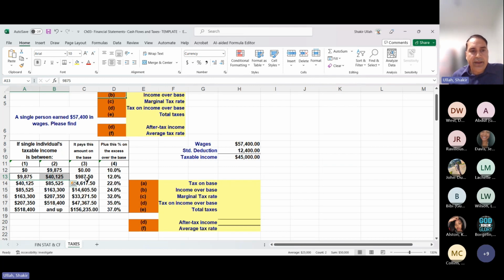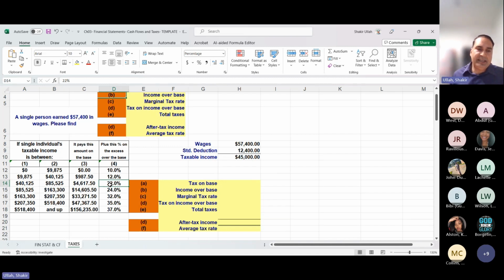Okay. And similarly, if your income is over $40,000, then 40,125 becomes your base. On any income that you earn between 40,125 and 85,525, you will be paying 22% on that income.